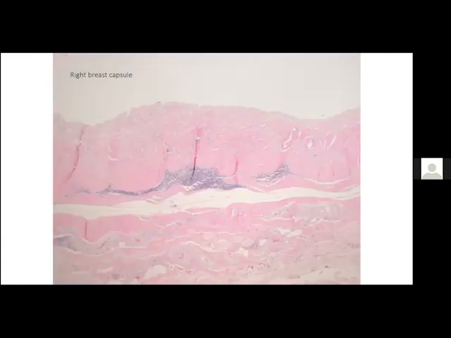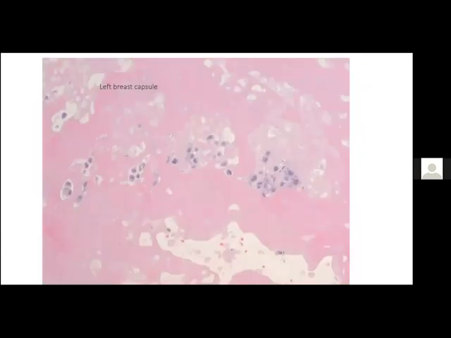This is an image from the contralateral breast capsule, which shows what we would normally expect from just a benign fibrous capsule around an implant. There's myofibroblastic fibrosis with patchy lymphocytic infiltrates. On the ipsilateral implant, though, there was a layer of fibrinous exudate on the internal surface, and clusters of similar atypical epithelioid cells and mitotic figures in this fibrinous material.